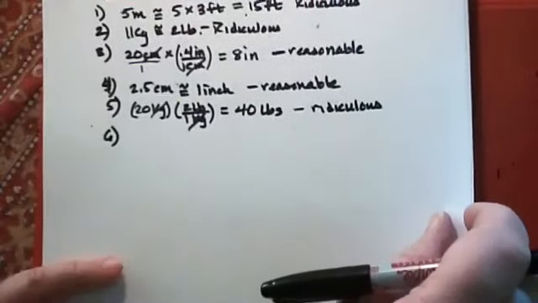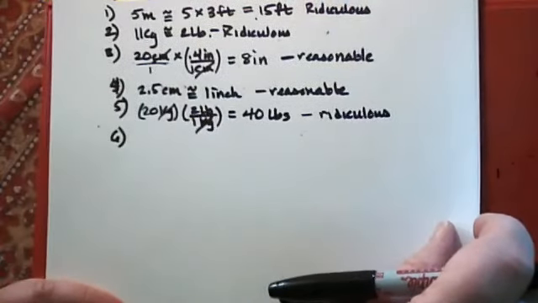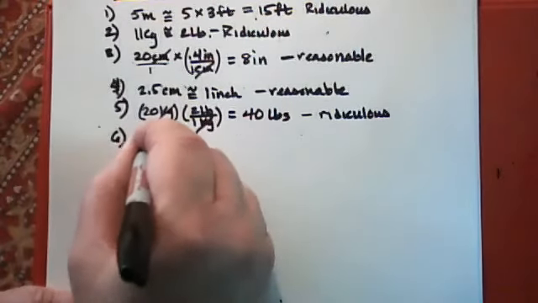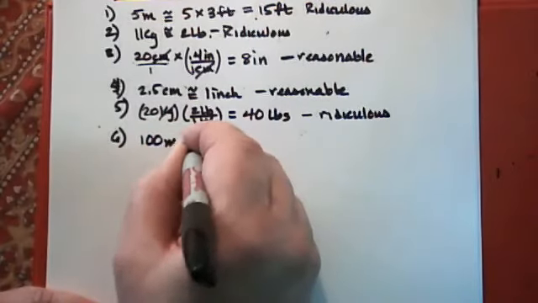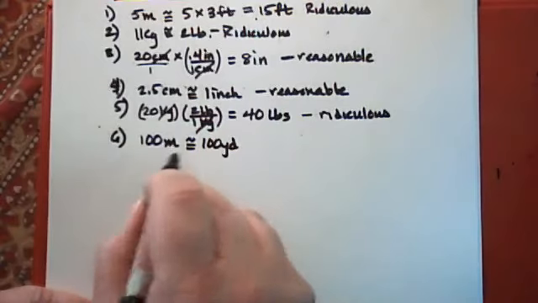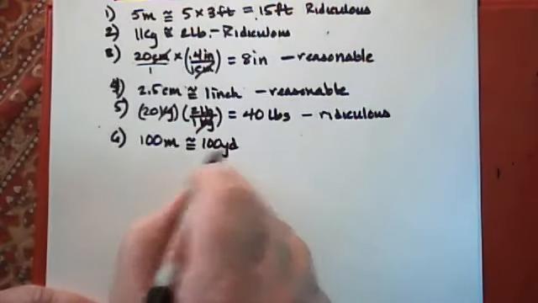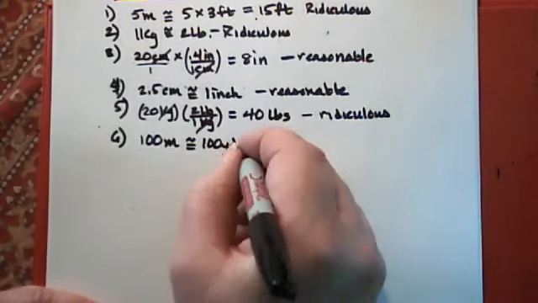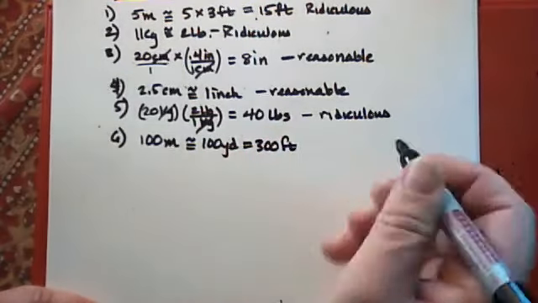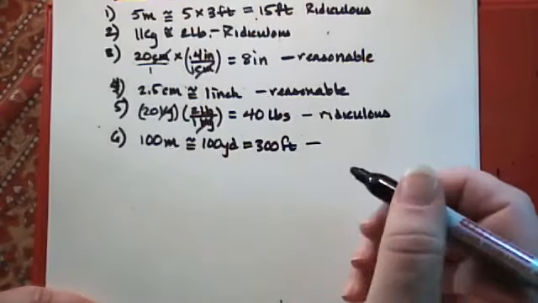Okay, 6 is the length of the C building hallway is about 100 meters. Well, we already said that a meter is about a yard, so 100 meters is about 100 yards. And 100 yards is 300 feet.